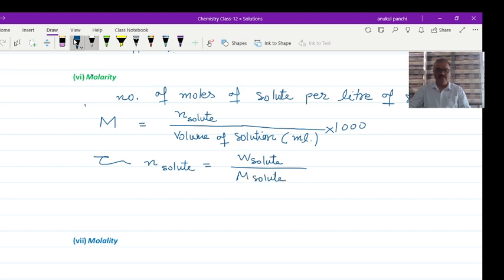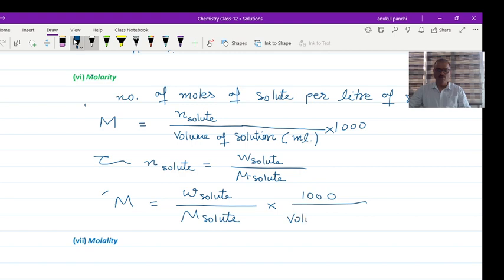If in a numerical you are not given the number of moles, you are given only the mass, then you can find the number of moles by taking the given mass of solute divided by the molecular mass of solute. The molecular mass you can compute from the formula, into 1000, divided by the volume of solution in milliliters.